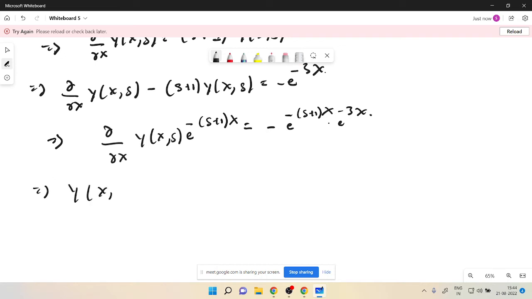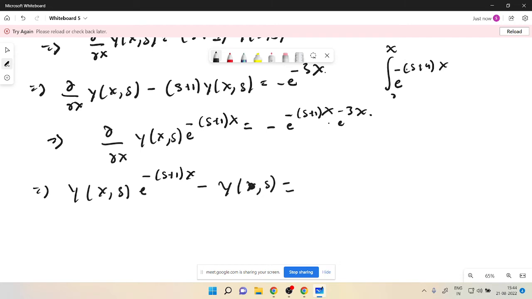Y of x comma s into e to the power minus (s plus 1)x minus Y of 0 comma s is equal to, um, e to the power minus (s plus 4)x, right? If you integrate this from 0 to x, oh yeah, we should integrate from 0 to x only. This is nothing but 1 minus e to the power minus (s plus 4)x by (s plus 4), right?